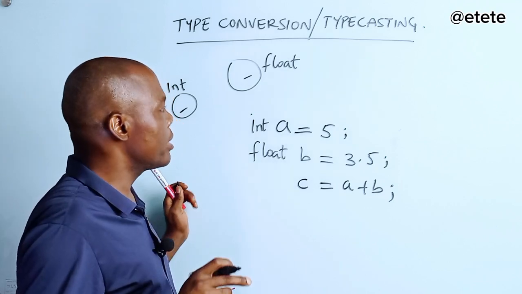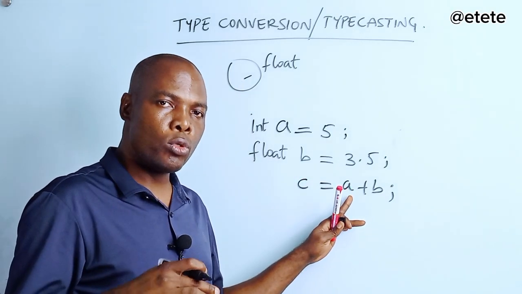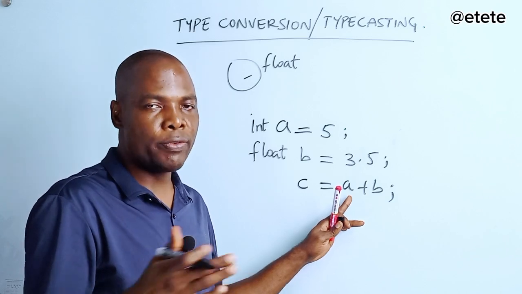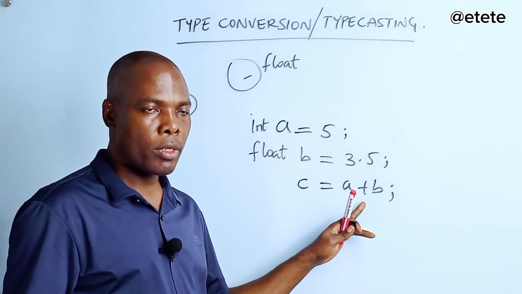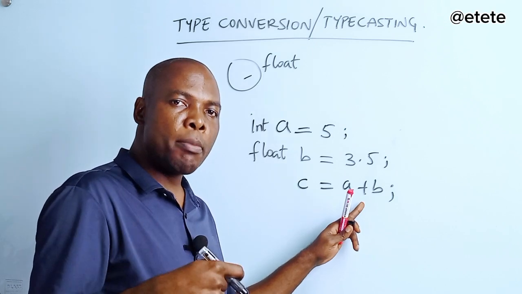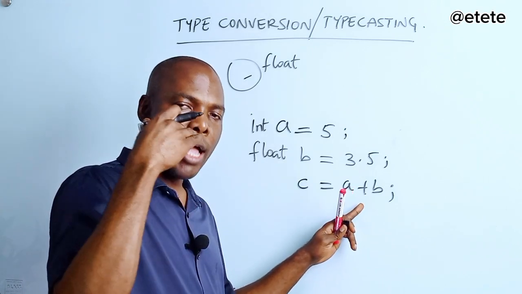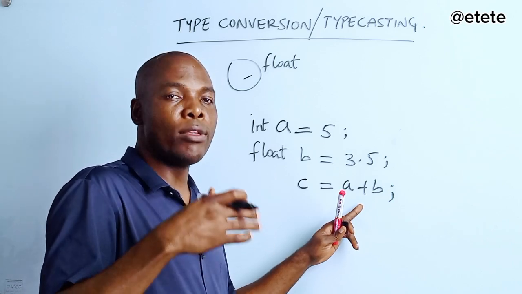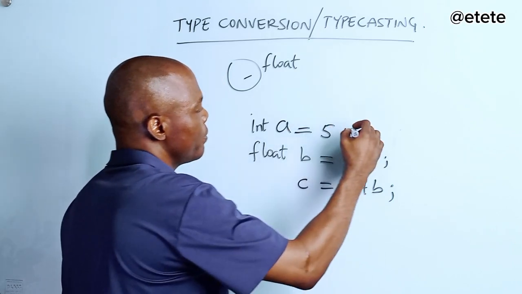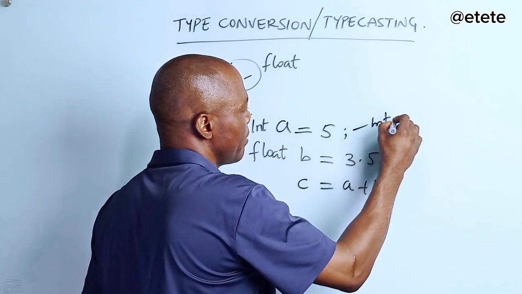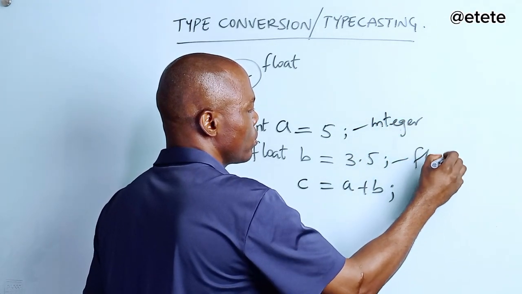Now, in C language, when you have two different data types and you try to do this arithmetic calculation, the smaller data type will automatically be promoted to the higher one before you can do this calculation. So in this case, you have this one as an integer, then you have this one as float.